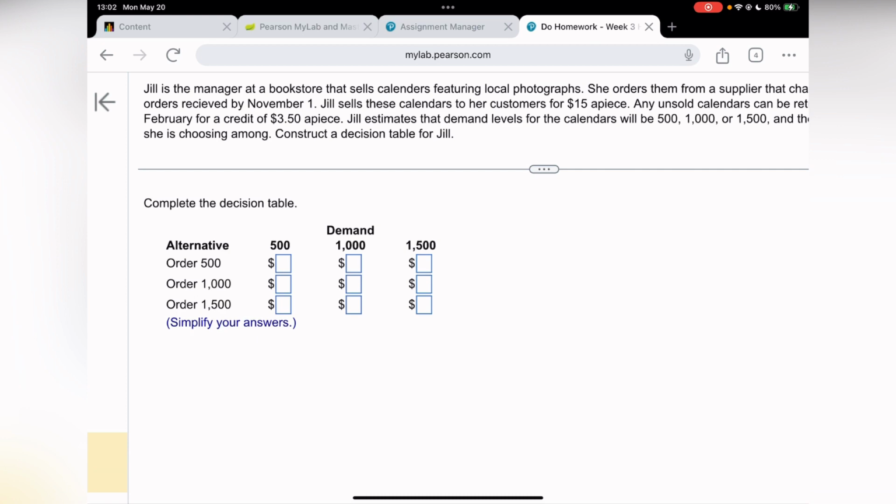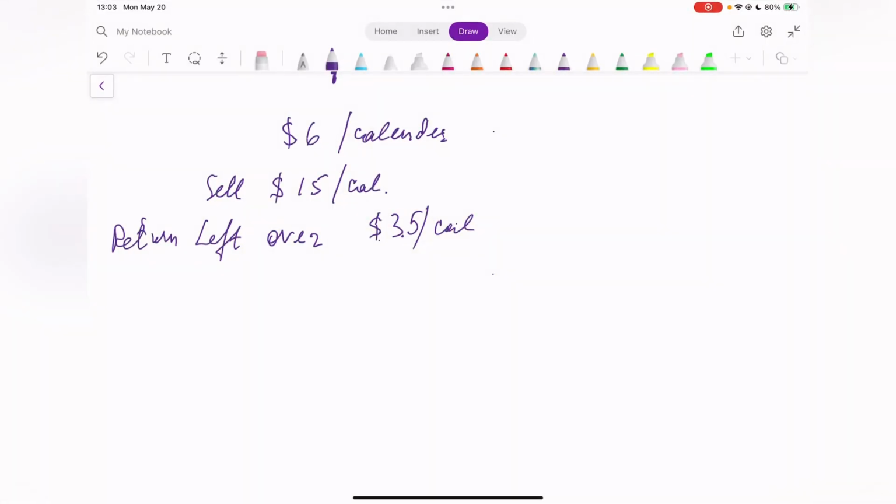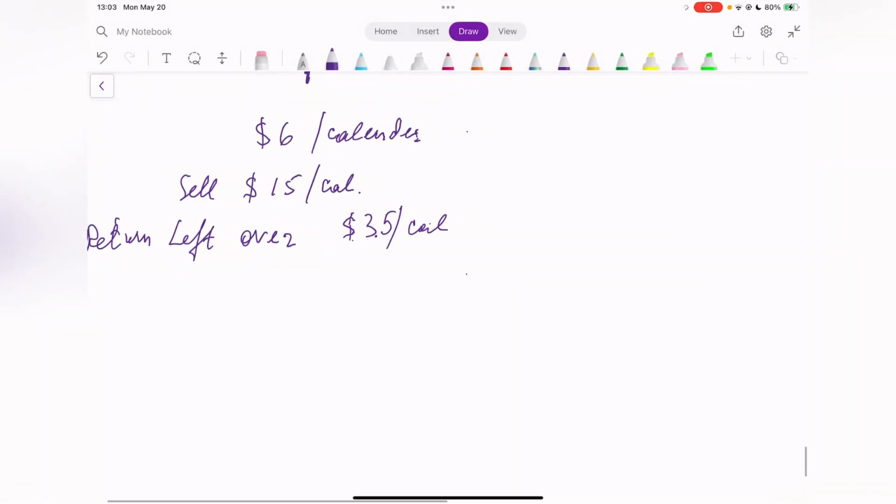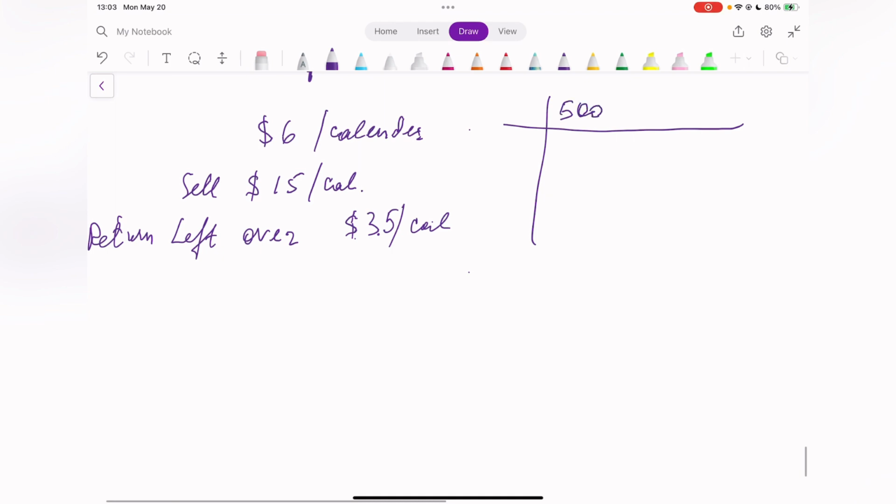So first, let me make a table here. It's going to be demand 500, 1,000, 1,500, and supply 500, 1,000, 1,500.